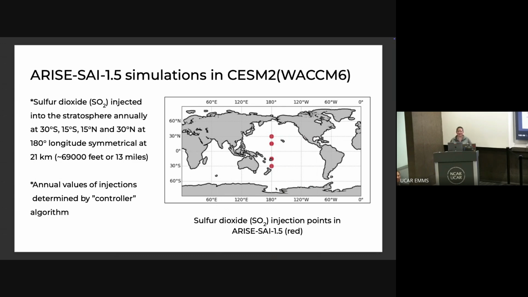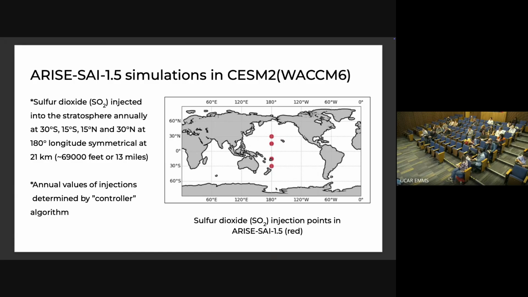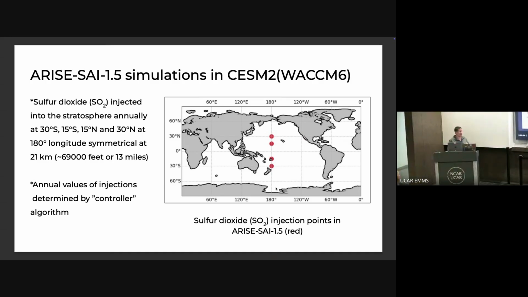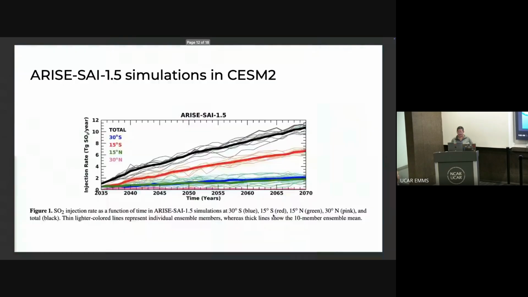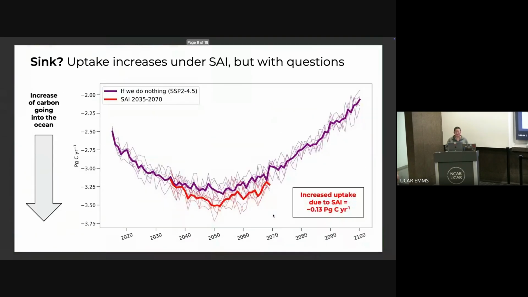I know we probably need to move on, but is ocean acidification part of the story? Very much so. Yes, this is my second postdoc project. My first one is on aragonite saturation state, and exactly showing SAI does nothing for ocean acidification.